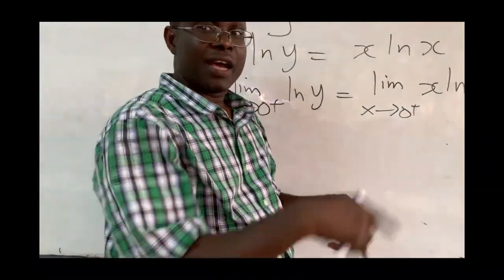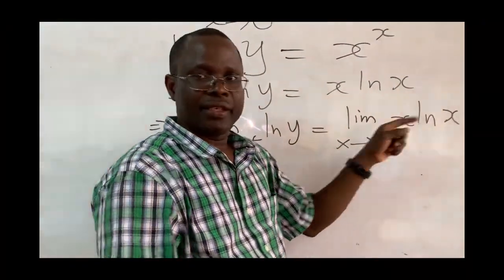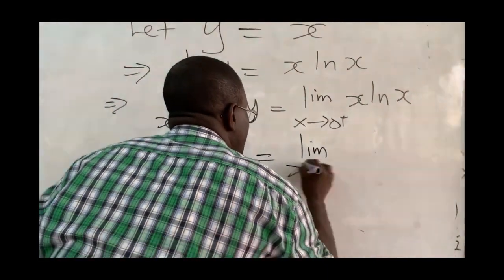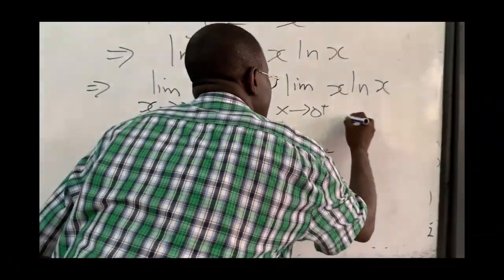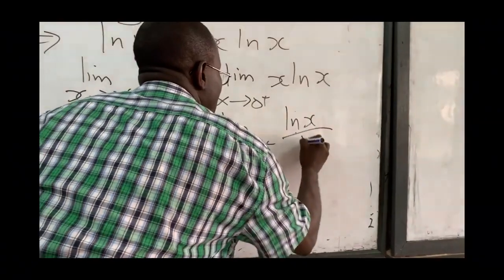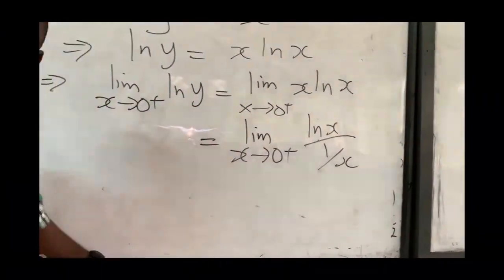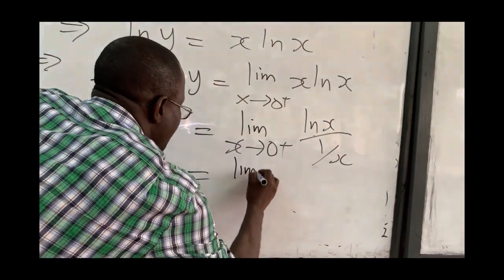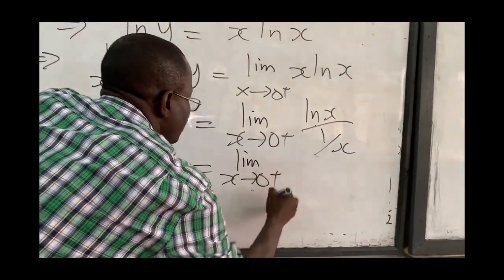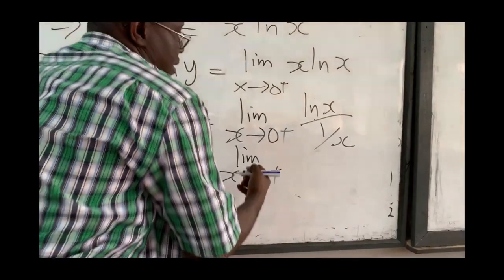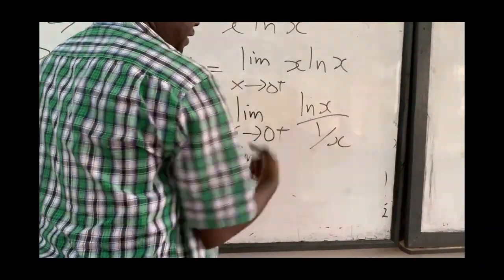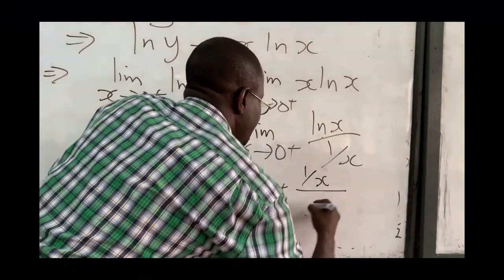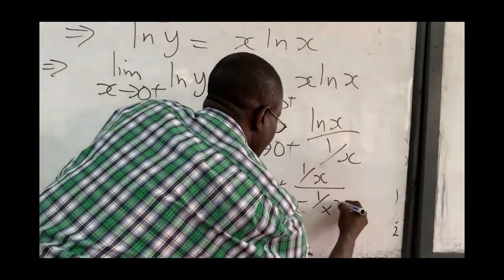Okay, so again, as we did before, we turn this into that form. So you're going to write this as the limit as x goes to 0 plus of ln x all over 1 over x. Well, this is infinity, so differentiate this: that is 1 over x, and this guy is negative 1 over x squared.